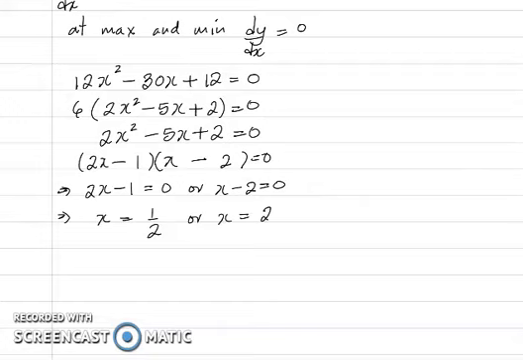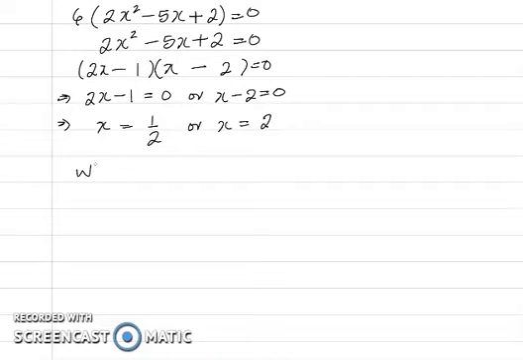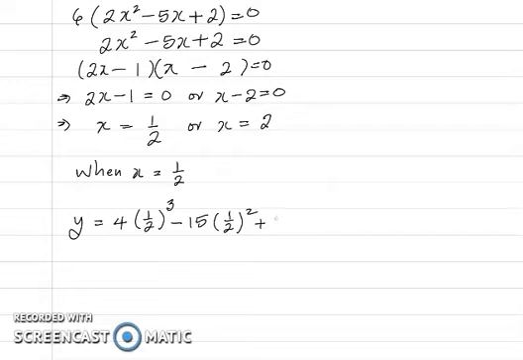So now that I have the values of x at the turning point, let's determine the y value. So I'm going to say when x is equal to a half, y would be equal to 4 times a half cubed, simply replace x with a half in the polynomial, minus 15 times a half squared plus 12 times a half minus 8.